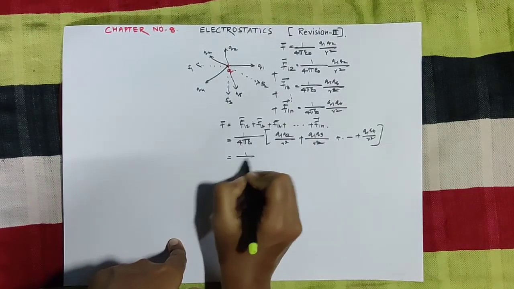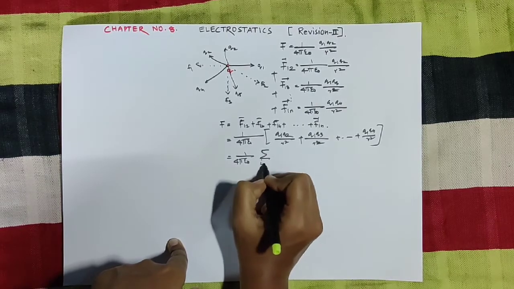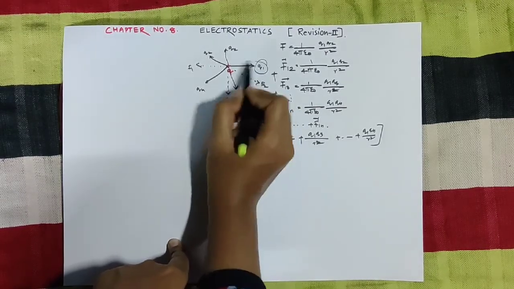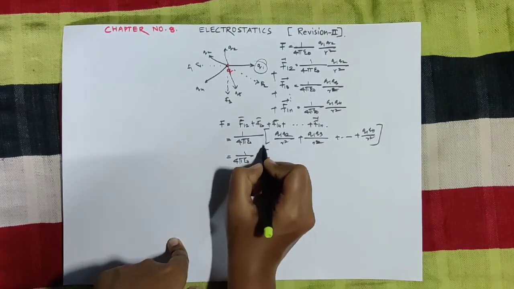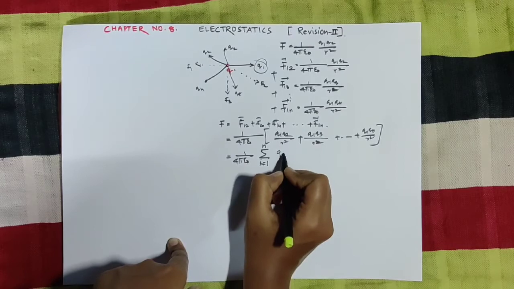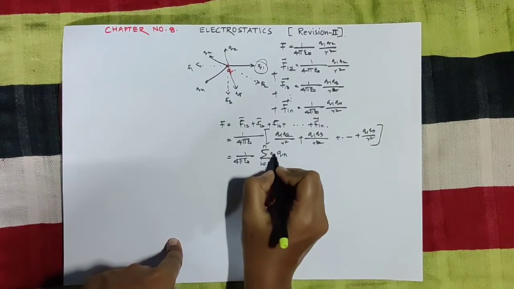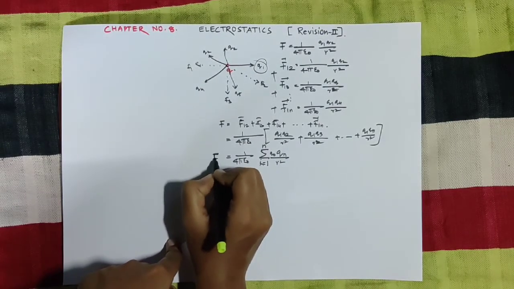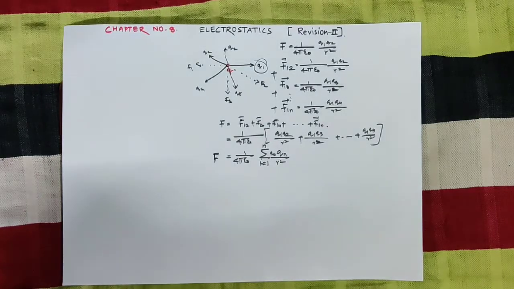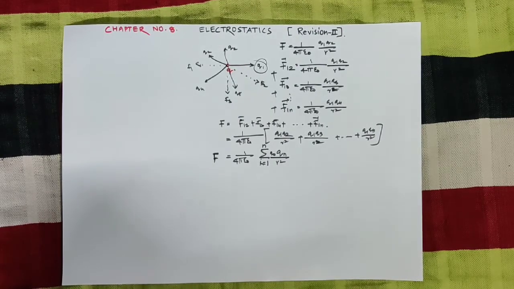Then we can write 1 upon 4 pi epsilon naught summation i starting from 1 up to n, Q0 into Qi upon R square. This is called the resultant force exerted on charge Q, and we represent it in terms of the principle of superposition.